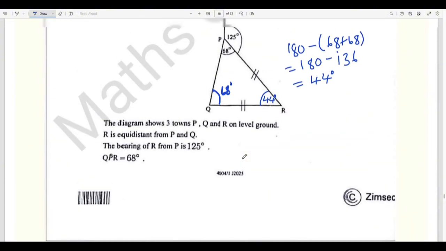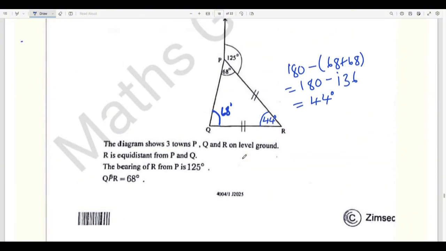All right. After that, we are going to move on to the other part to calculate the bearing of town P from town R. We've already been told that the angle there for town R from P is 125.